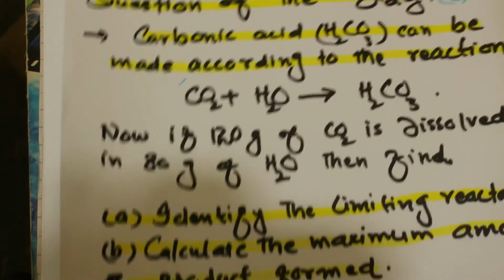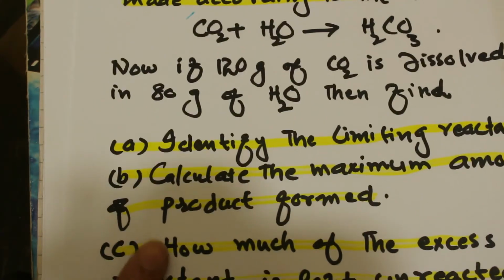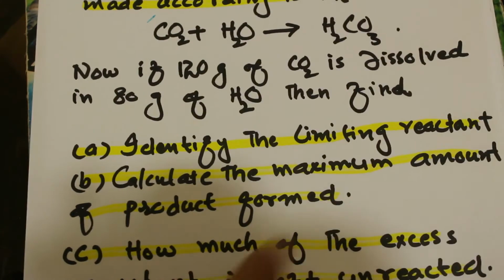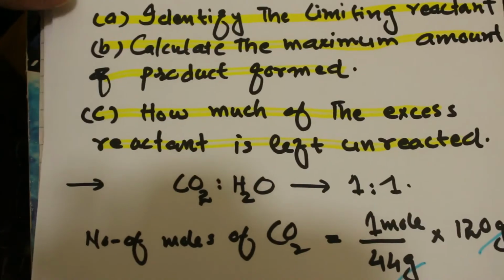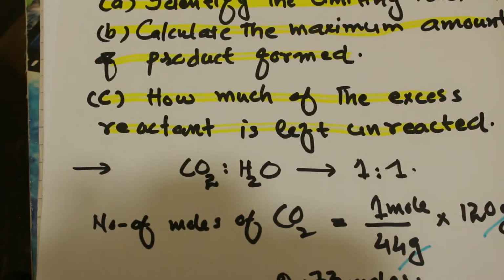Now the question is, we have to identify the limiting reactant in this reaction. So we can find this limiting reactant very easily. According to the balanced chemical equation, 1 mole of the CO2 reacts with 1 mole of the H2O.